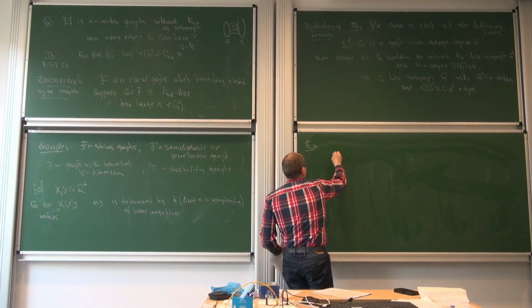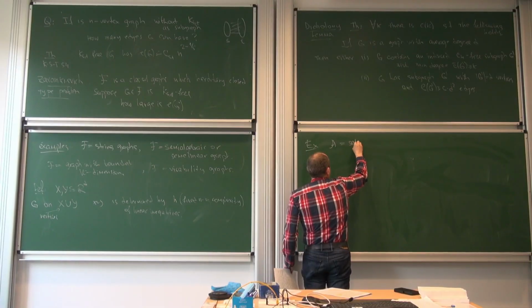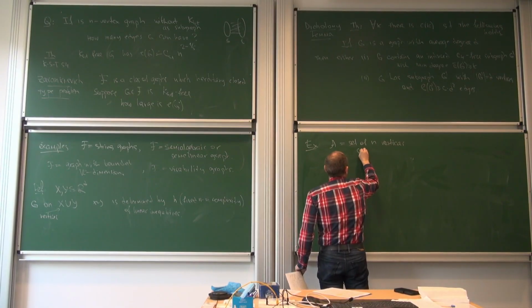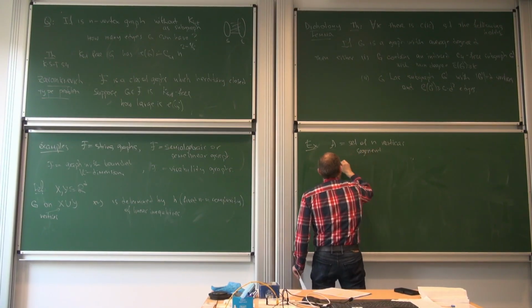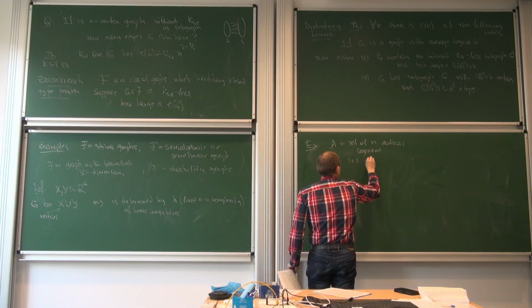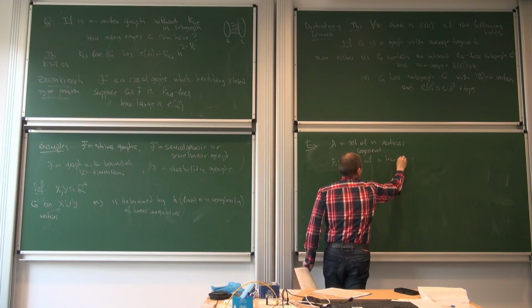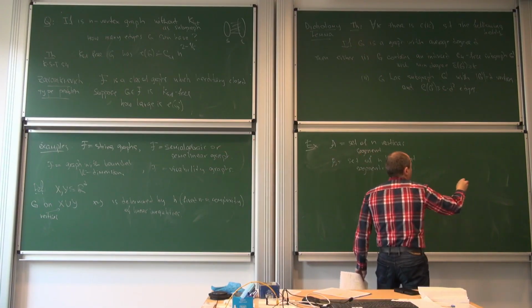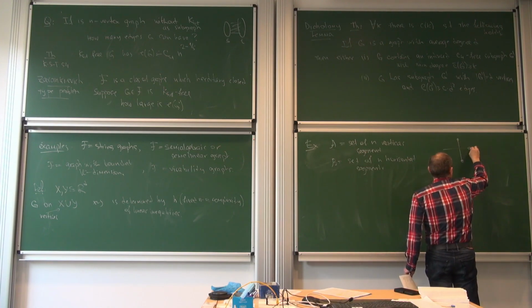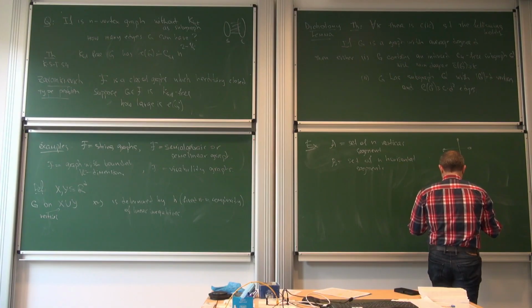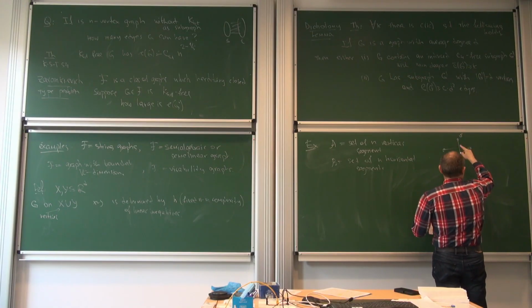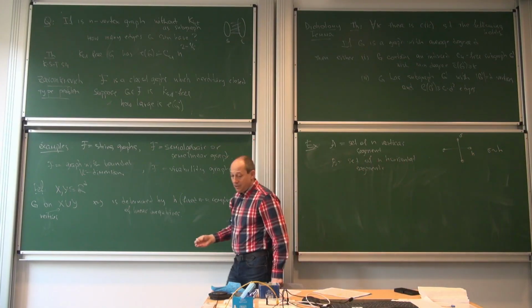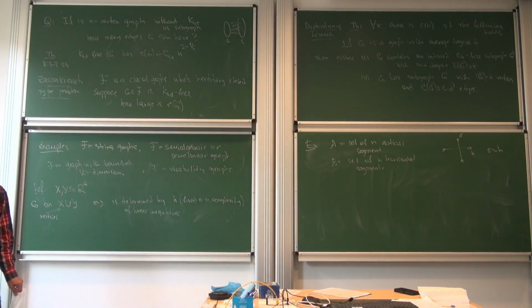The example is: A is a set of n vertical segments, B is a set of n horizontal segments. And then if my vertical segment intersects a horizontal segment, say this is my vertex V vertical, this is H, then V is connected to H if they share a point.